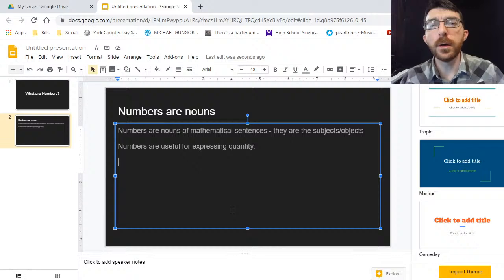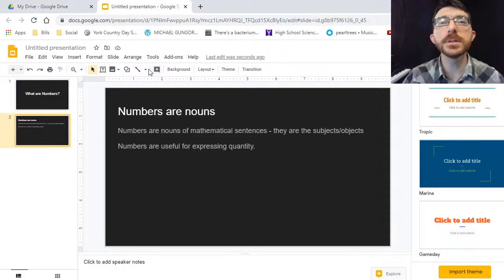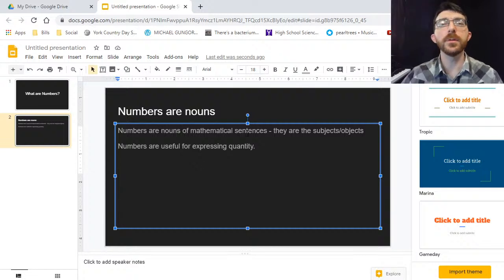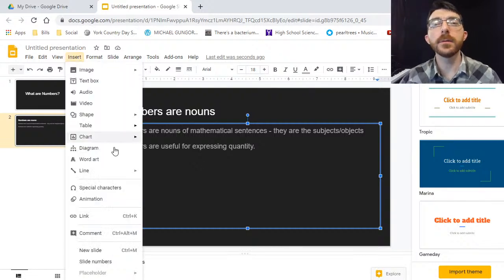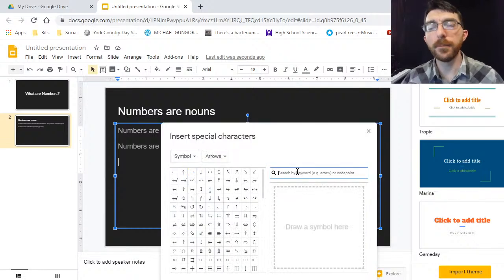All right, so I'm gonna have to just represent this graphically. So let me see if I can. Maybe I should do this with insert. Oh, yeah, I'll do it with a special character. Insert special character. Just do something that's definitely a picture. A check mark.